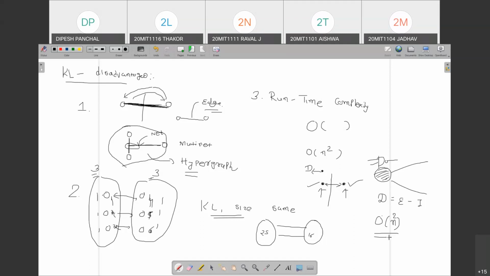And one more additional complexity you require, as you have seen today, to find the maximum gain. We do the cumulative summations of G1 and so on, and then see the maximum gain of this Kernighan-Lin algorithm.